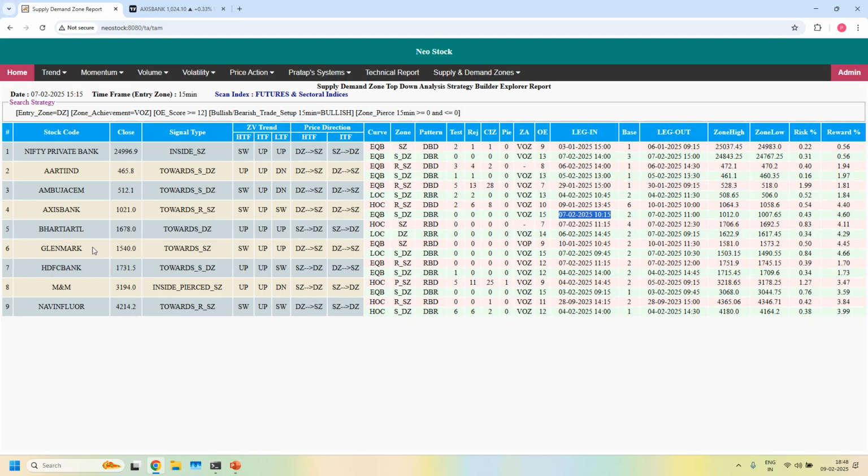Okay, 3 stocks. Next one is Bharti Airtel. When it was created, 6th February 14:45.